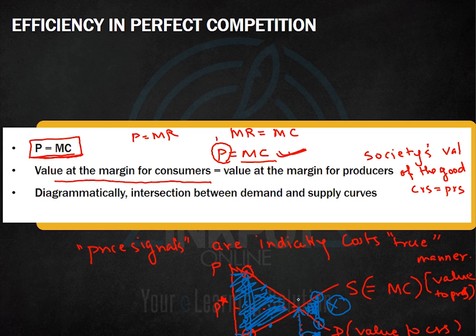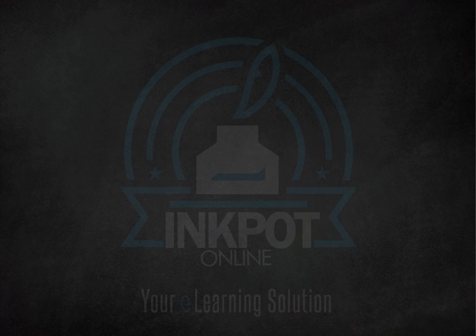So for maximum surplus or for an efficient allocation, we stop at this intersection point. So diagrammatically, the intersection between demand and supply curves basically tells us that a perfectly competitive industry is efficient.